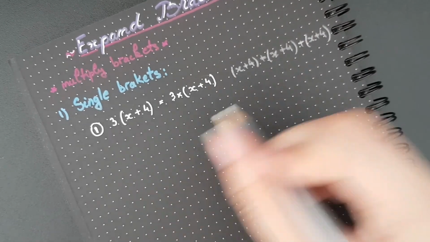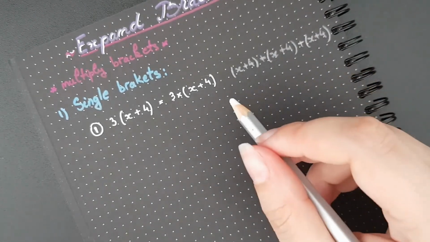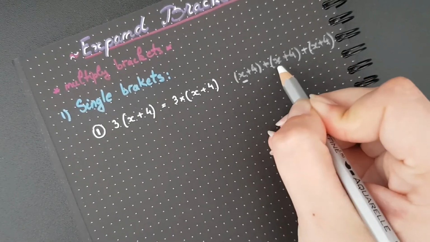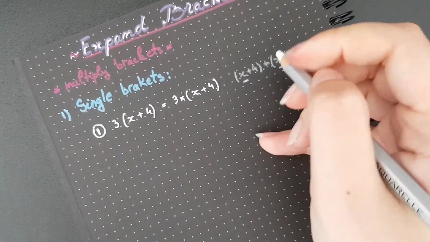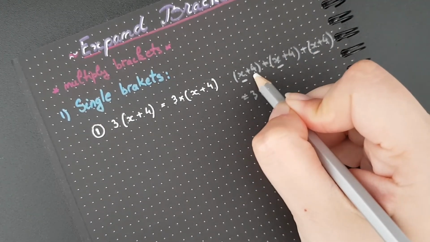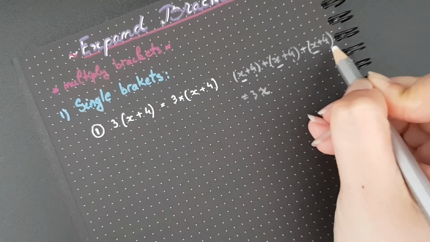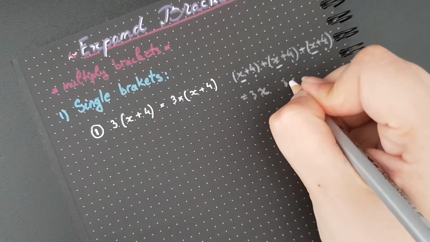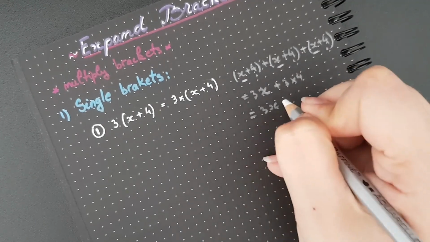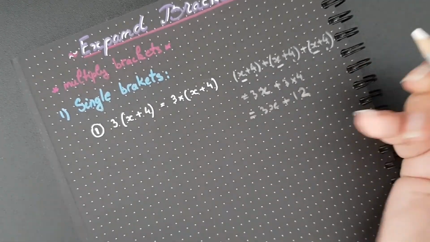So I've got 3 of them together. And in this situation, it's easy to see that I actually have 1, 2, 3 x's, and I have 1, 2, 3 4's. I'm adding them together, so my final answer should be 3x plus 12.